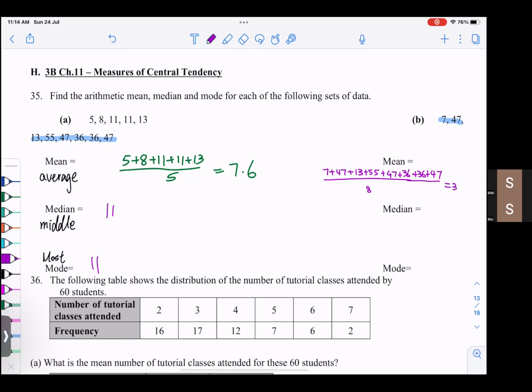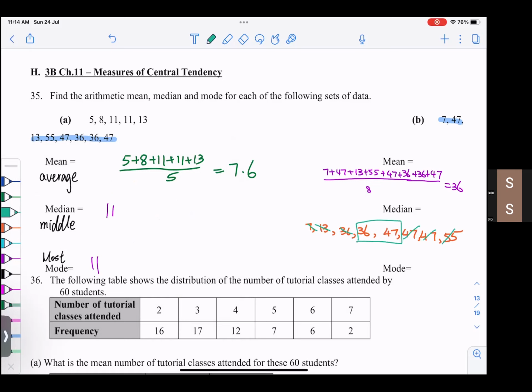So the mean is 36. How about median? Median is the one in the middle. But your first step is to put them in order. So 7, next one, 13. Actually, if you put them in order, it's very easy to see the mode as well. So median will be something in the middle. We cut 3 from the beginning, 3 from the back. Oh, we just have these 2 left.